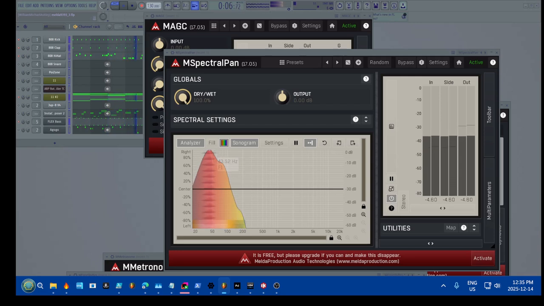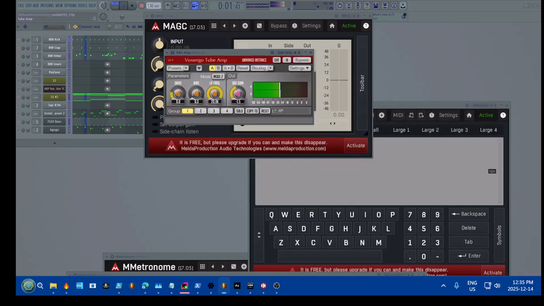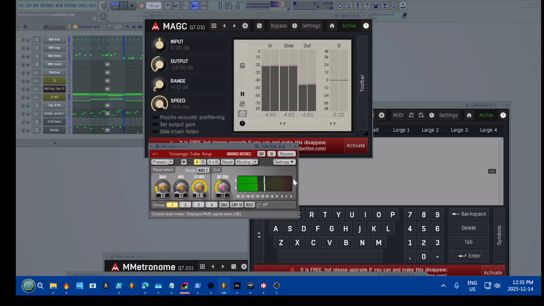Taking something like Tube Amp, for example, it's the same GUI style, just your knobs and your meters.